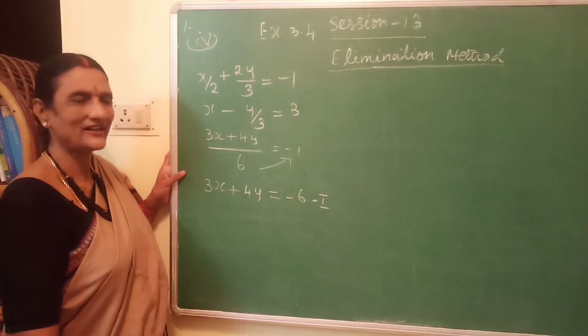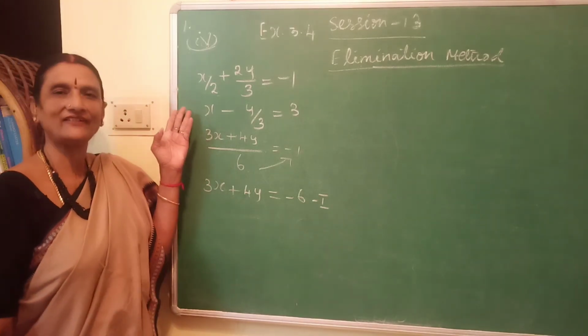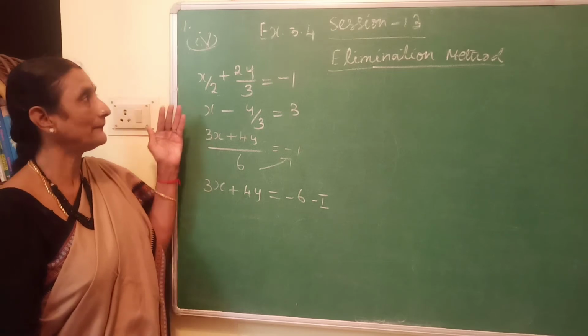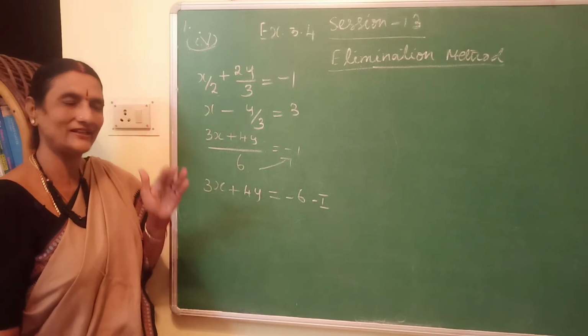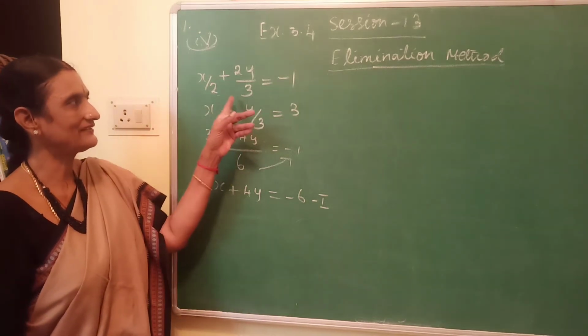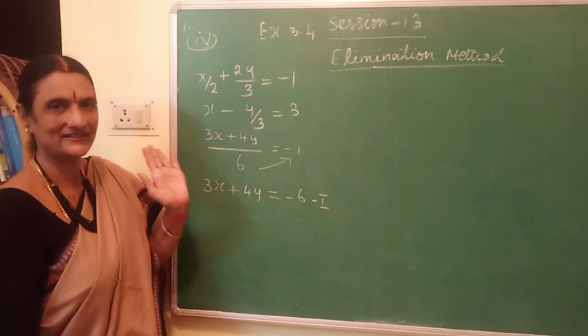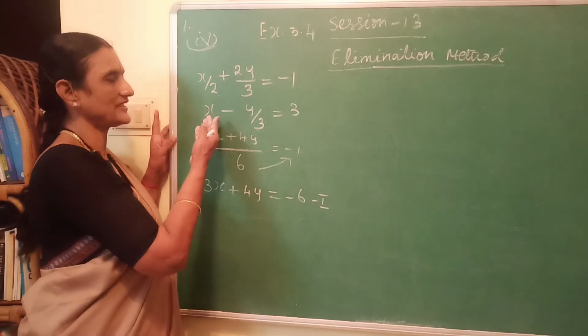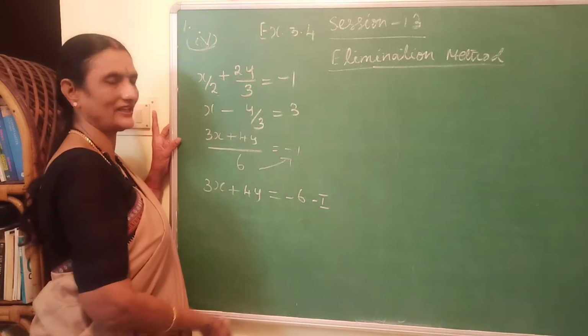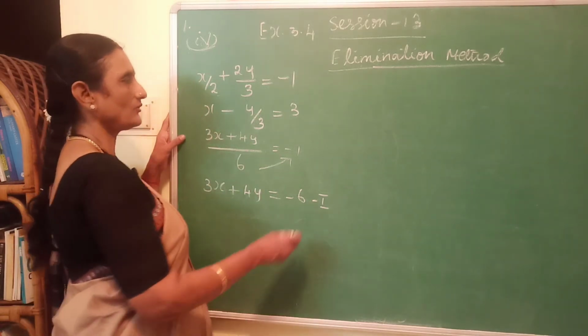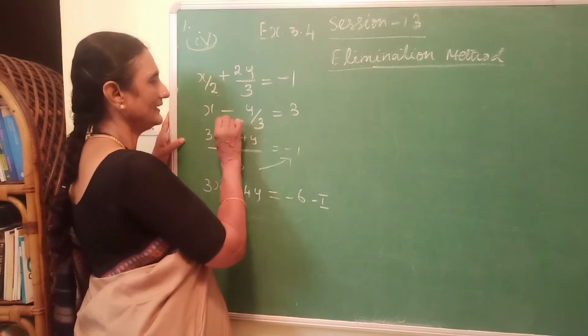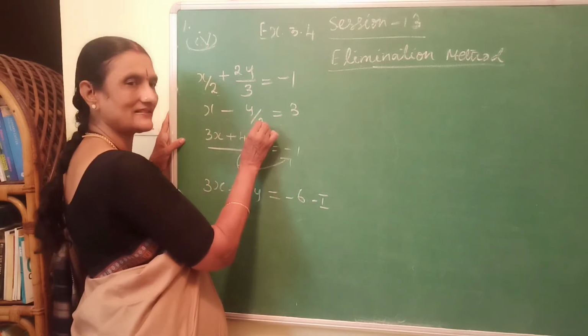Are you understanding what I have done? I have taken the LCM and brought both the terms to a common denominator. After this, I cross multiplied and 6 goes to the RHS like this. Same kind of change I have to do for the second equation also. So how do I do that? Here the common denominator is 3.